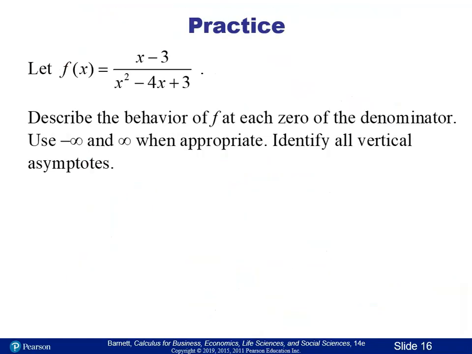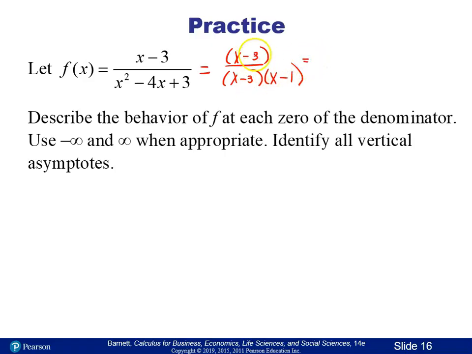Okay, here's one for you to practice with. We're asked to find, again, the behavior of the graph at each of the zeros. If I'm looking at each of the zeros of the denominator, that means I first need to factor everything out. So I'm going to have x minus 3 and x minus 1 with that.